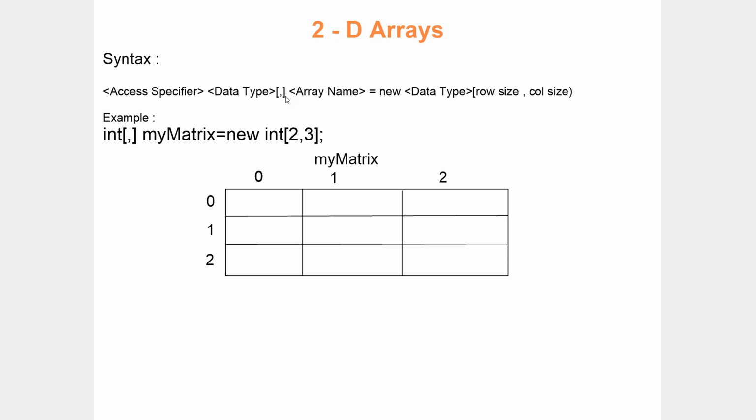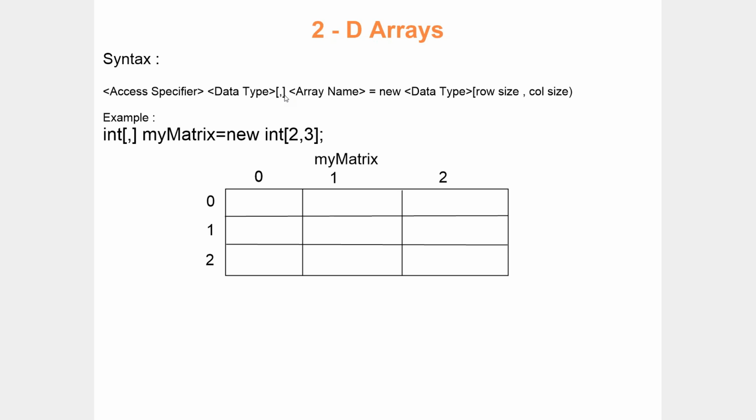In 1D we haven't used a comma, but here you have to use a comma because your collection is going to be split into two different parts, two different dimensions. The first part will specify the nature of the first dimension, and the second part will specify the second dimension.